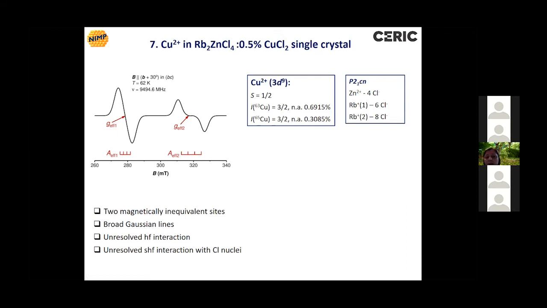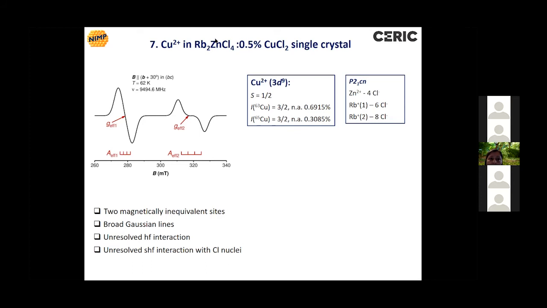Here I intended to show you how you perform an EPR study from beginning to finish. So I took copper 2+ ions, copper 2+ ion in a single crystal, and it is in a concentration low enough to not have strong dipolar interactions between ions, so it's a magnetically diluted system.